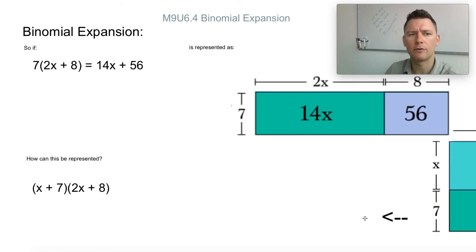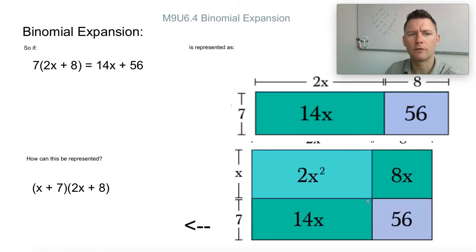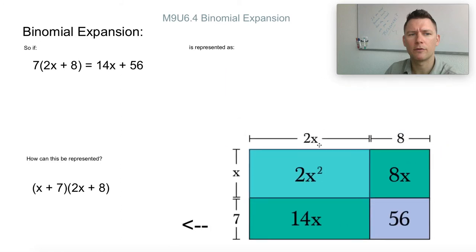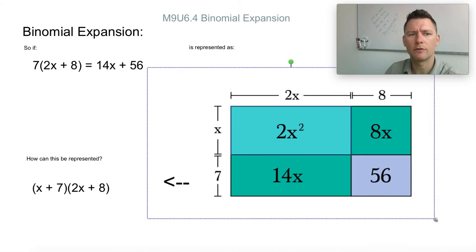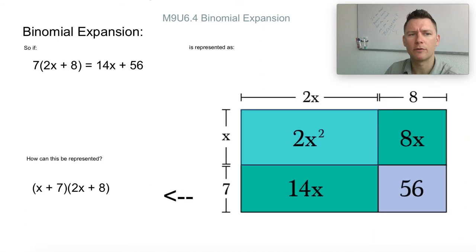You can visually represent it like this. It's just like having a bigger, more complicated garden. So here's our x plus 7, this length is x plus 7.